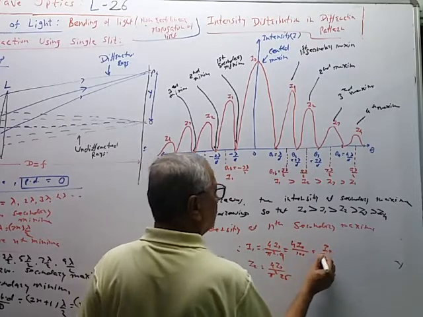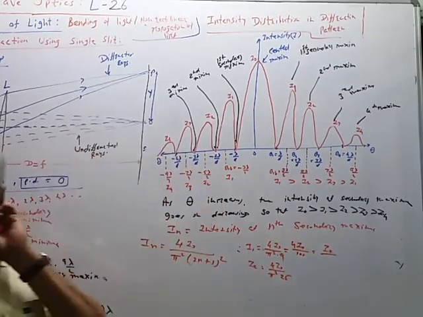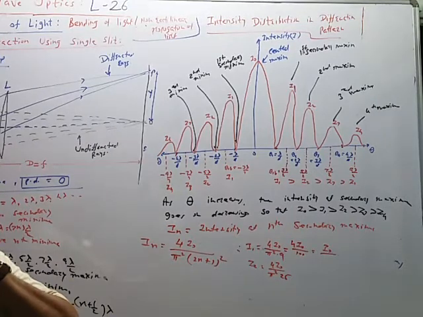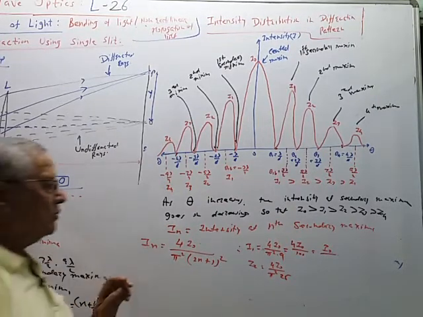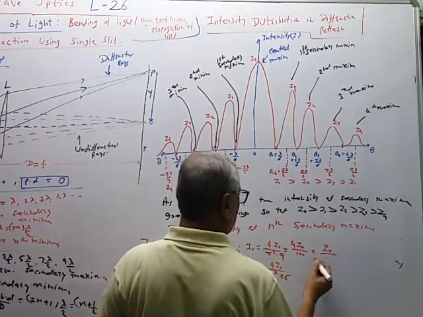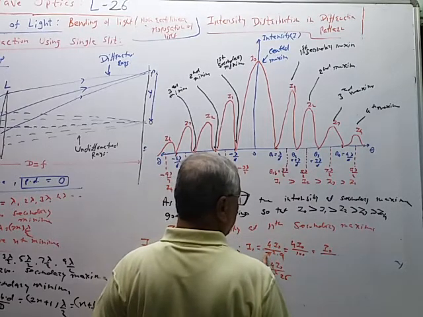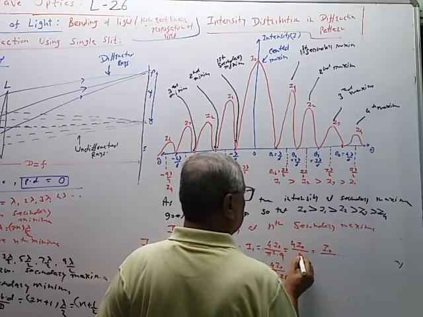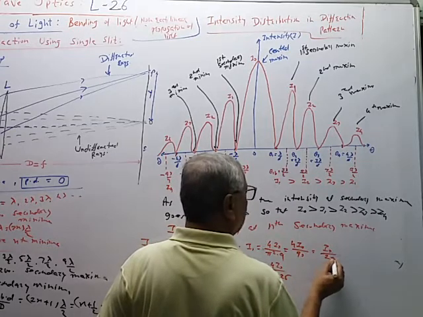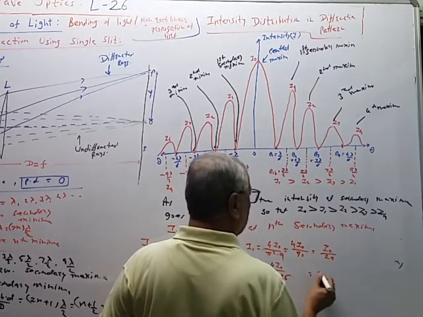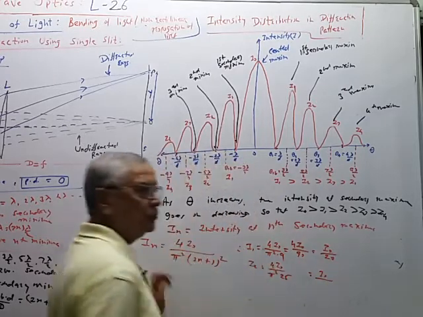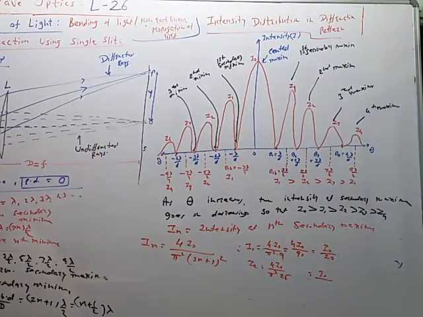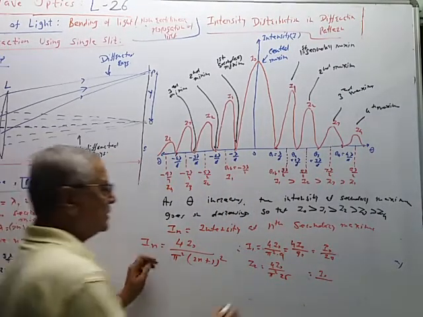So this is equal to I0 upon 20, which is 9.87 multiplied by 9, nearly 10, nearly 20, so I0 upon nearly 65.6.